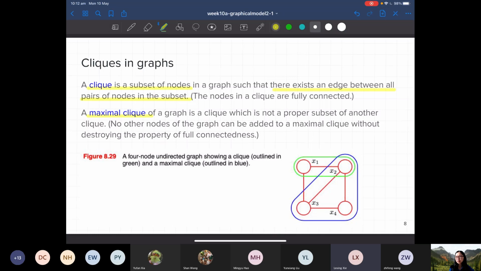It's a bit abstract, but with an example it's very easy to see. In this particular graph, the 4 nodes have 5 edges between them, so the 4 nodes entirely are not a complete clique. If we add this edge, then it will be a 4-node clique. We know that x1 and x2 is a 2-node clique; 2-node cliques are simply either ends of an edge. What's more interesting is that x2, x3, and x4 is a 3-node clique.